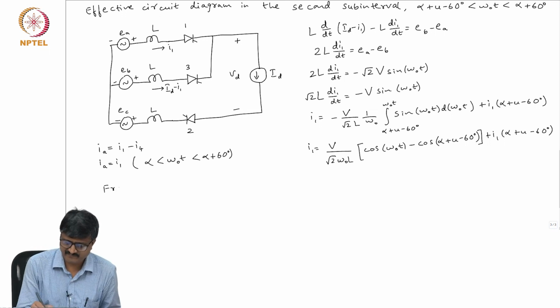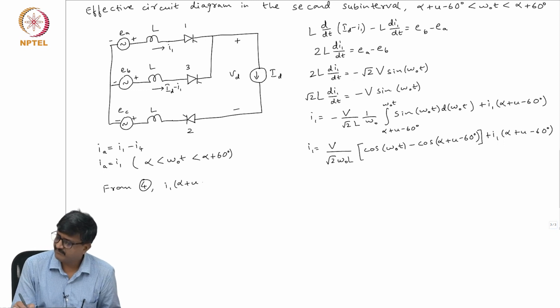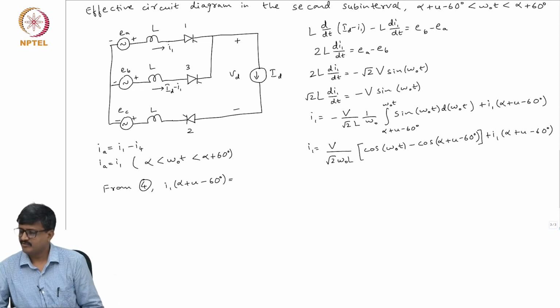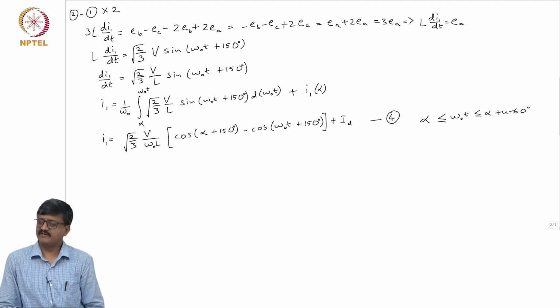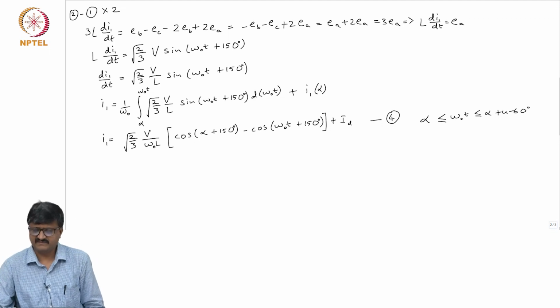So, from 4, I1 at alpha plus u minus 60 degrees is equal to, wherever there is omega ot, replace that by alpha plus u minus 60 degrees.